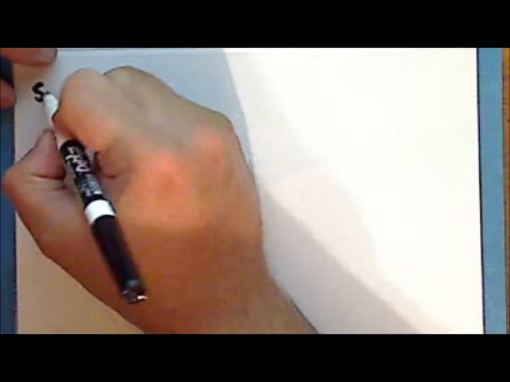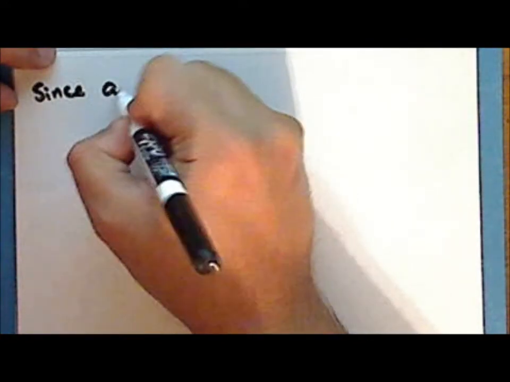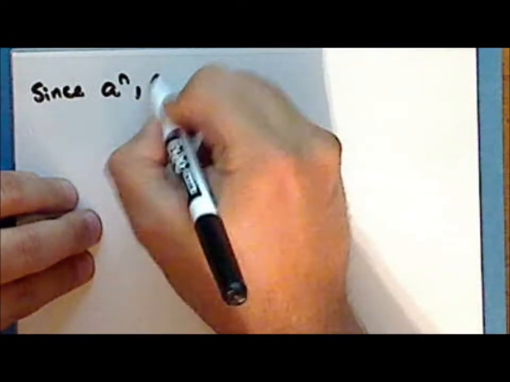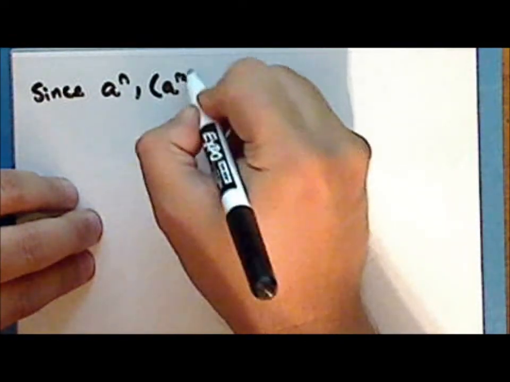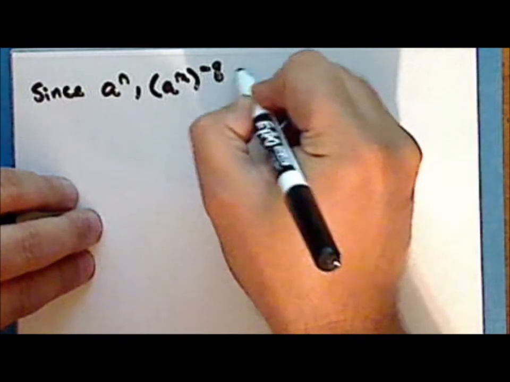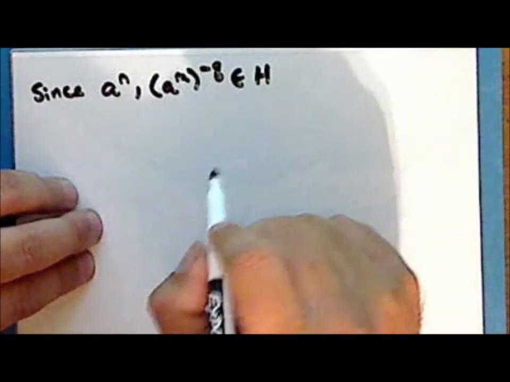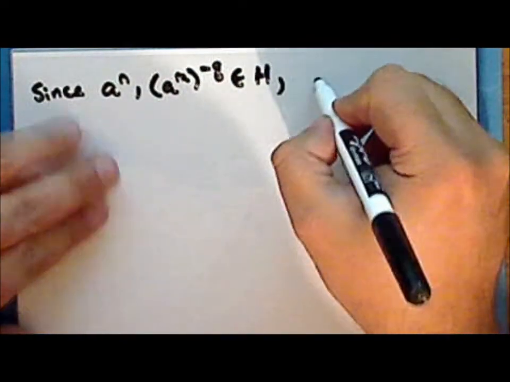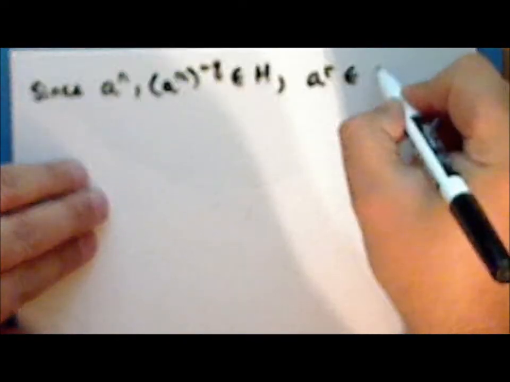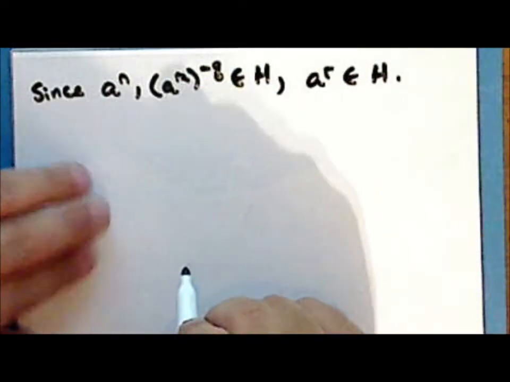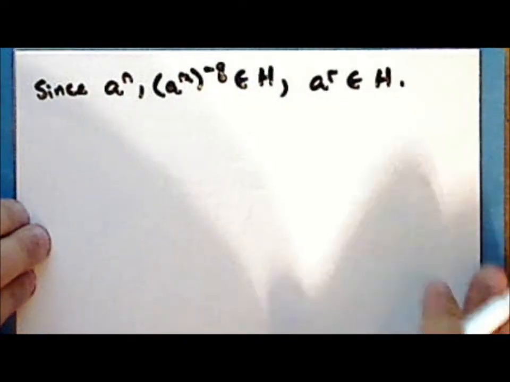Now, since a to the power of n and (a to the power of m) to the power of negative q are both elements in the set H, their product, which is a to the power of r, is also in the set H, as H is a group.